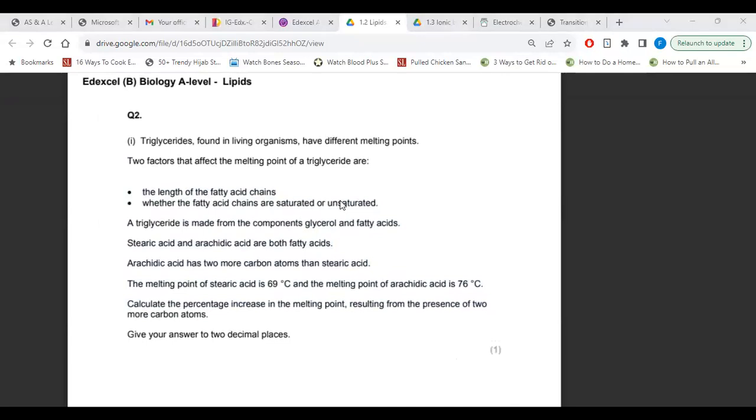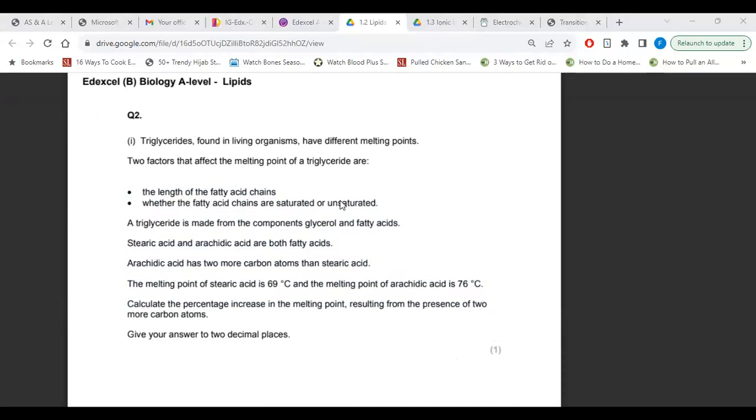So look, we have this interesting question over here. The question says triglycerides found in living organisms have different melting points. Two factors that affect the melting point of a triglyceride are the length of the fatty acid chains, and whether the fatty acid chains are saturated or unsaturated. A triglyceride is made from the components glycerol and fatty acids, which you and I have already studied.